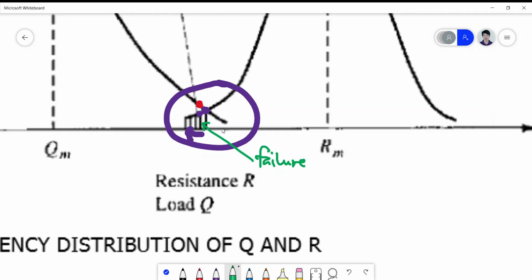And so how do we get away from such trouble? We now introduce a factor of safety, and the value of the factor of safety will actually be dependent on the reliability of this undertaking.